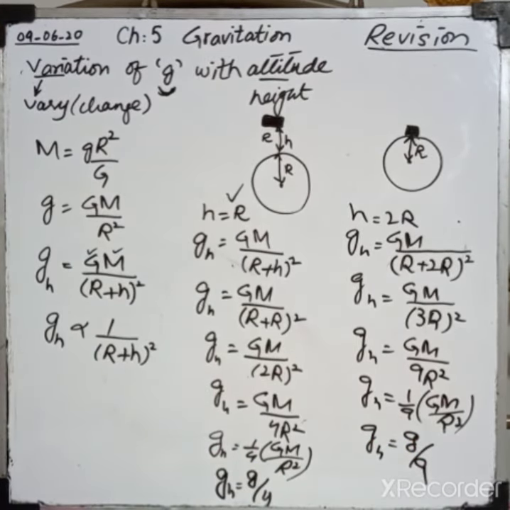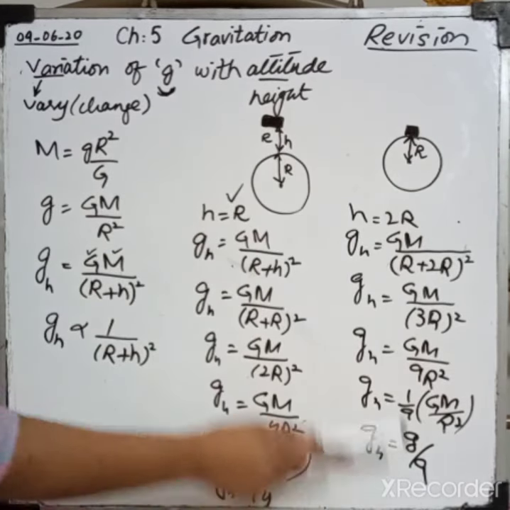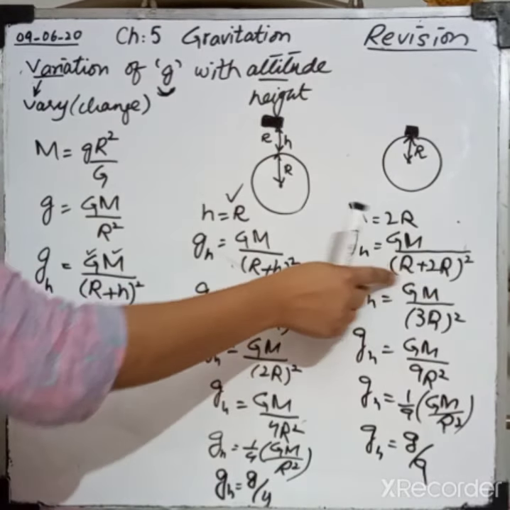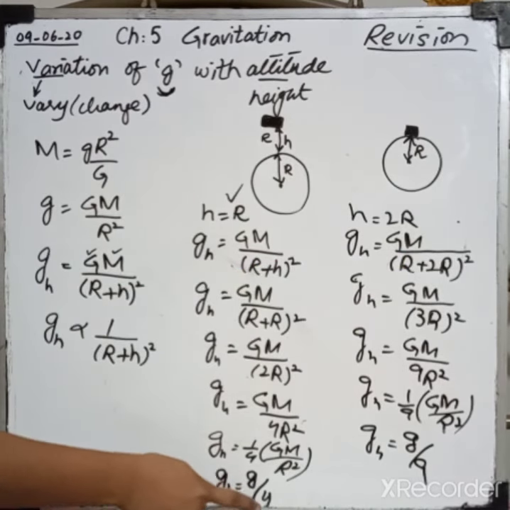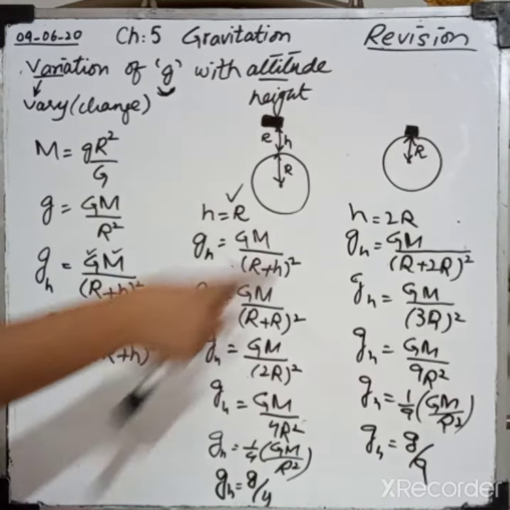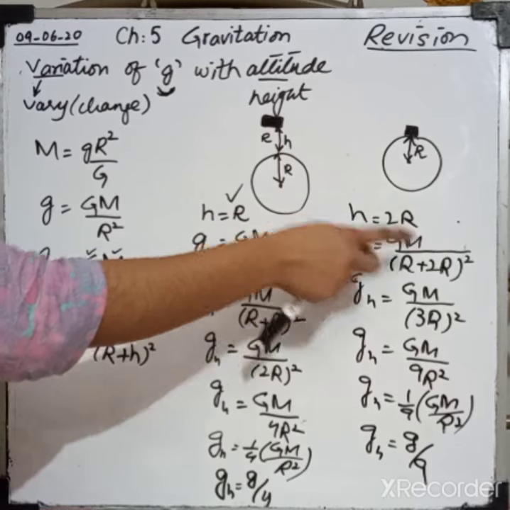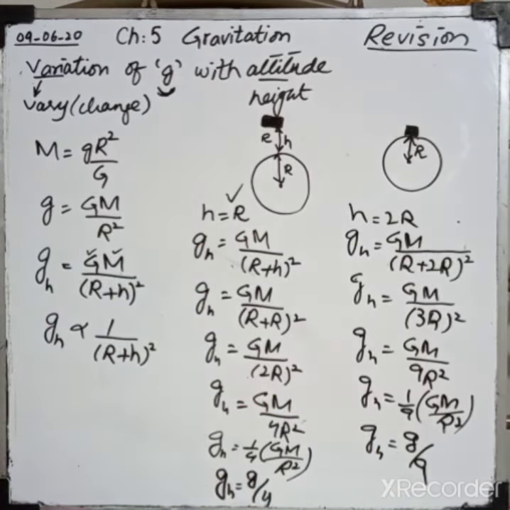Hence, by increasing the distance, the gravitational acceleration will decrease as the squares of the values, and factor r is also here, so we will get the values like this: g by 4, g by 9. Then if we want to take it at h equals 3r, then 3r plus r will be 4r, and there will be a 16 times reduction in its value at that distance.